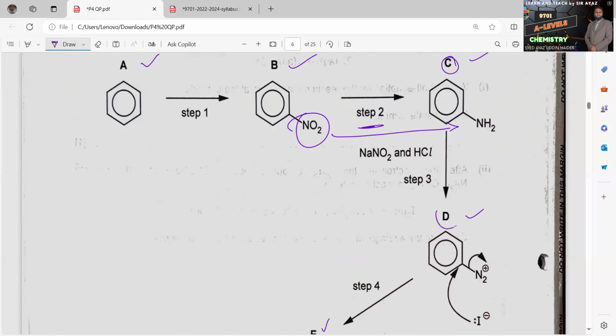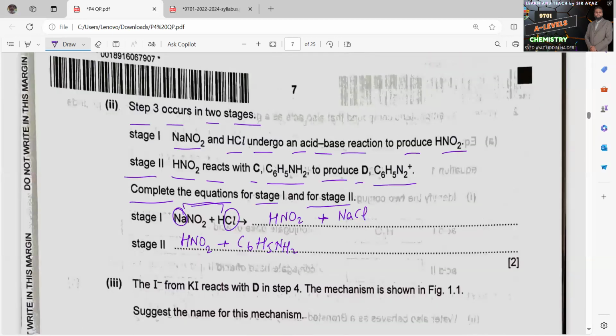Here's C, here's D. It must be having H+ ion coming, so I will write H+ ion also. What about the product? You will get C6H5N2+ plus 2H2O.